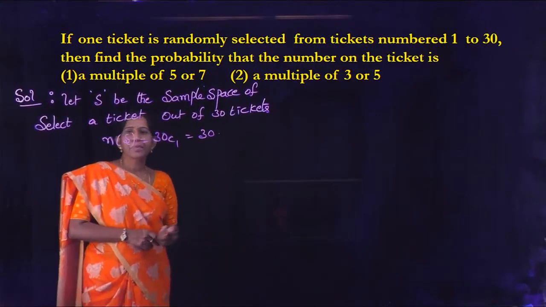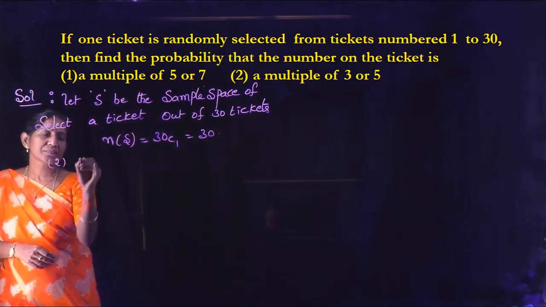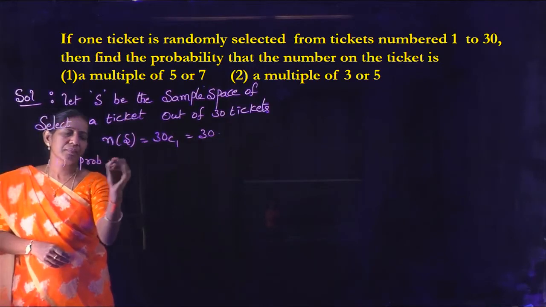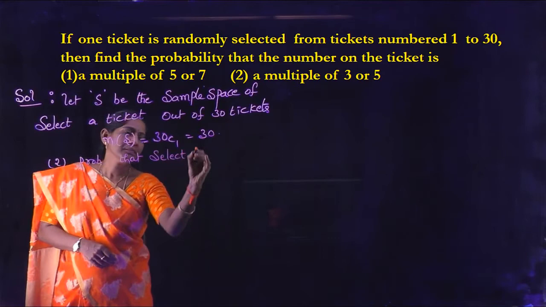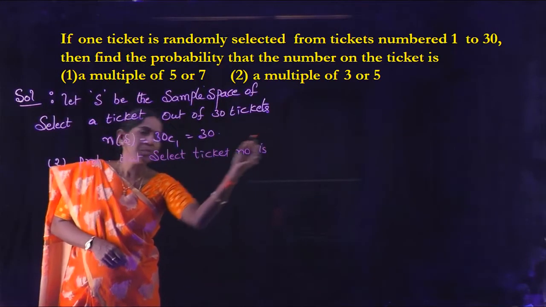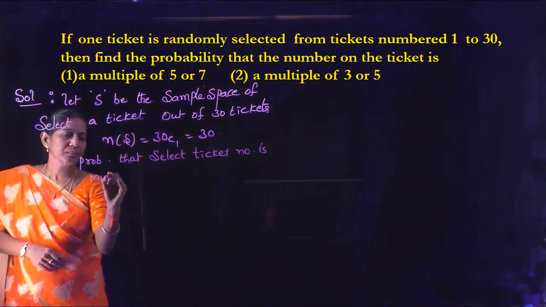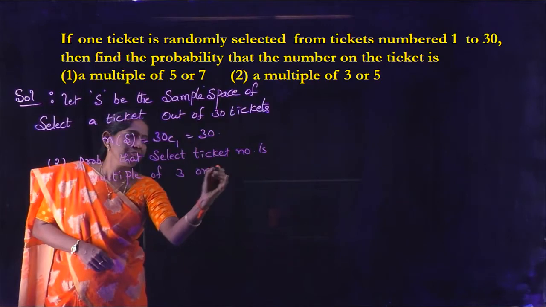See the second part of this problem, that is, the probability that the selected ticket number is a multiple of 3 or 5.